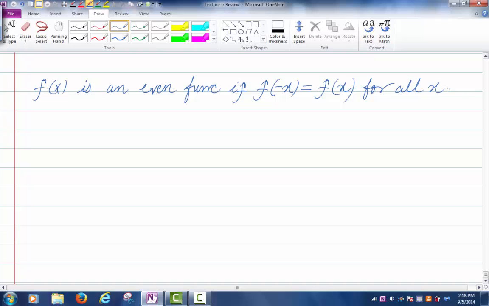So what this is saying is that the value of the function at x and negative x are the same. For example, the value of the function at 1 and negative 1 are the same. The value of the function at half and negative half are the same.